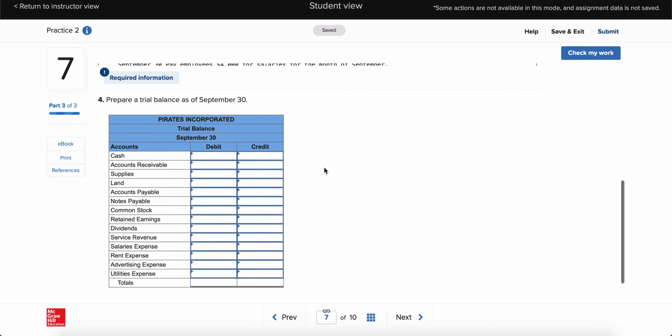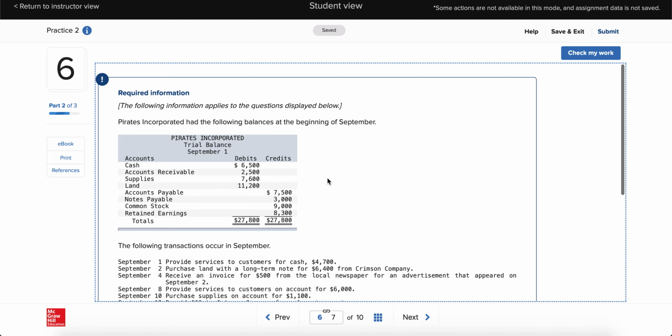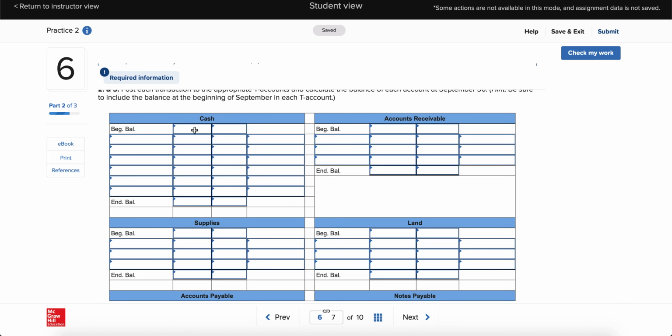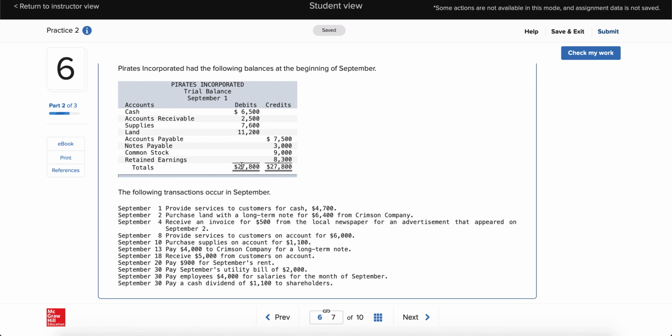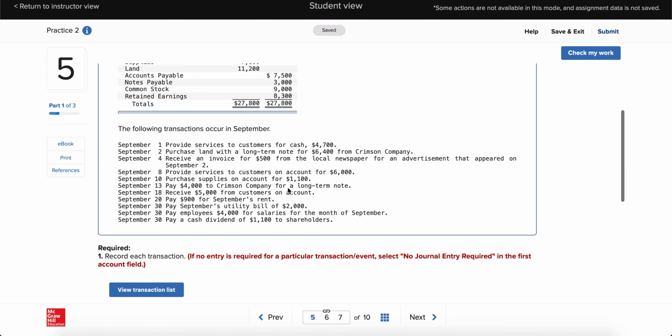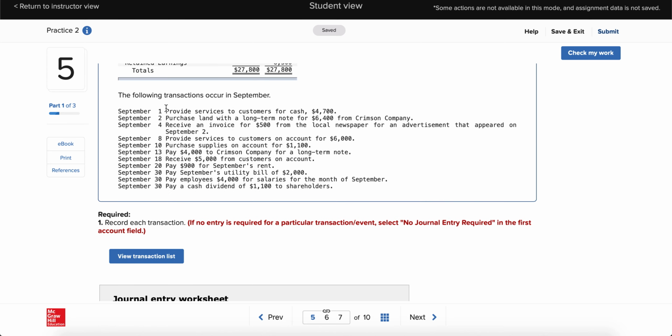When we go to post to the general ledger, where you see the beginning balances here, this is where you will drop in these amounts. But again, we're not going to do that for this problem. I'll do the last problem in its entirety. So we're just going to take a look at September 1st through September 30th transactions and journalize them, or record each transaction in the journal.